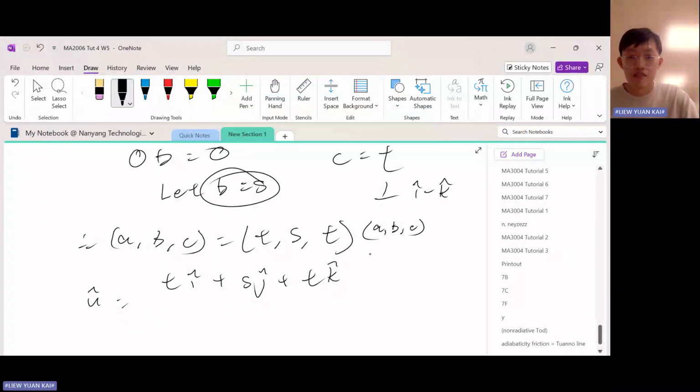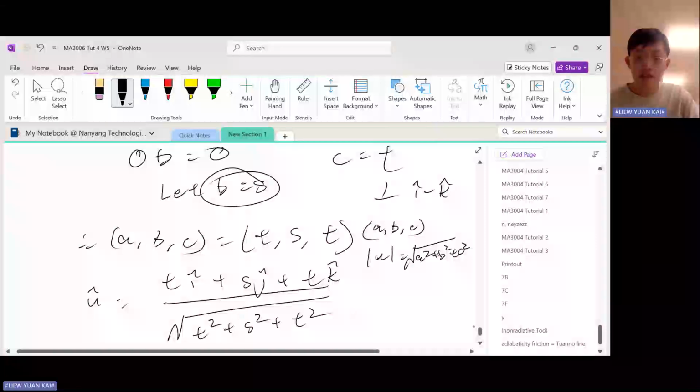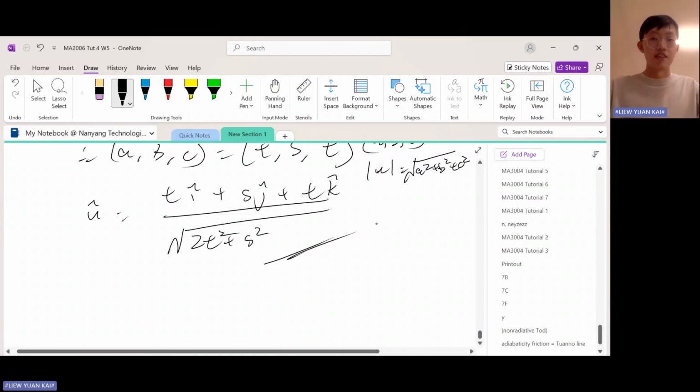Its magnitude will be given by the square root of a squared plus b squared plus c squared, which is basically Pythagoras theorem. You can simplify this straight away. So t squared plus t squared is equal to 2t squared. Voila, that's done.